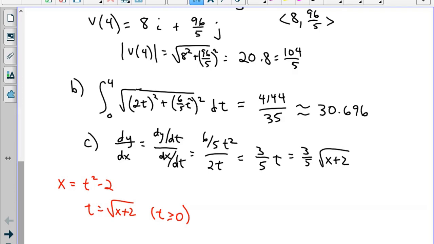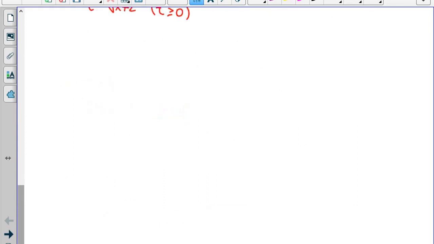The other way I could do this is I could have made substitutions at the beginning of the problem. So I'll show that really quick. For dy/dx, if I notice that y of t is (2/5)t cubed, I could just make the substitution right here.